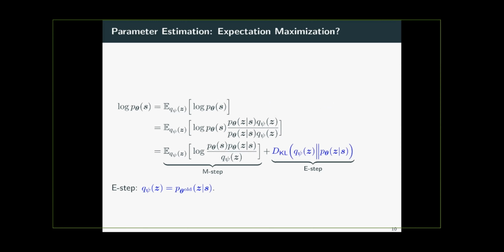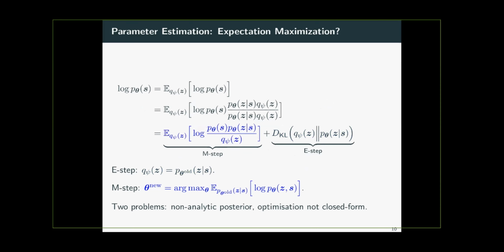The first term is the so-called E step that I have to minimize. And I minimize this when I make Q psi equal to P theta old, for a given initialization of the parameters. So this is when I say that I use the true posterior. And then I have the M step, which is optimizing the first term with respect to the parameters.